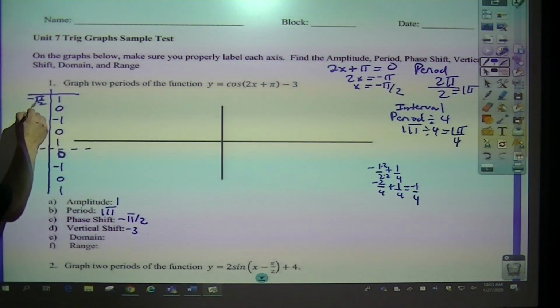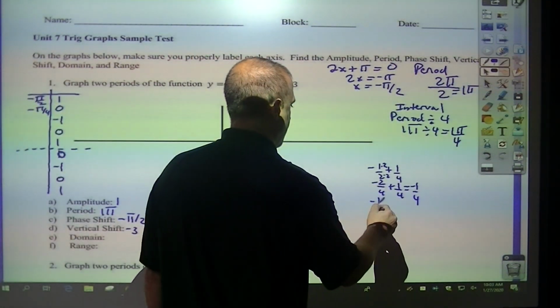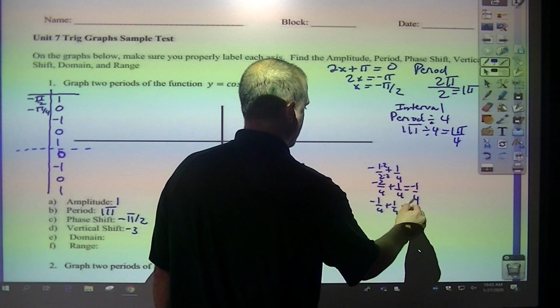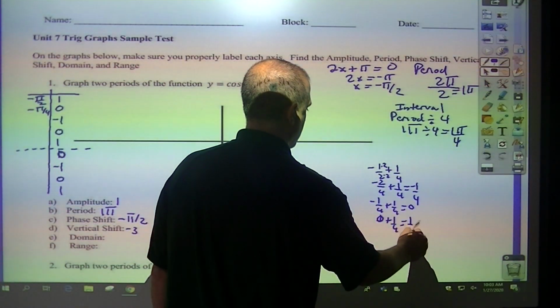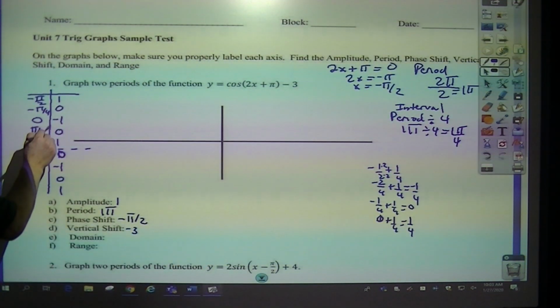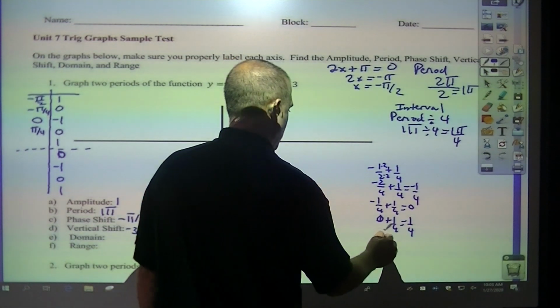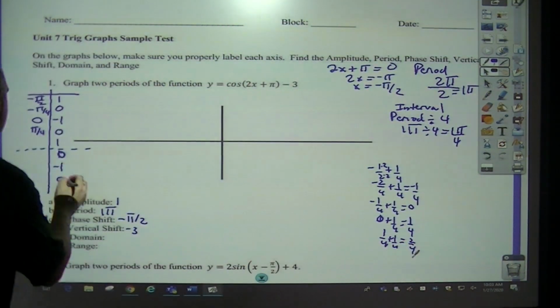Okay, so that's going to be -pi over 4. Okay, and then -1/4 plus 1/4 would be 0. 0 plus 1/4 would be 1/4. Okay, so I put 0 in there, and then pi over 4. Okay, then 1/4 plus 1/4 is 2/4, or 1/2 pi.